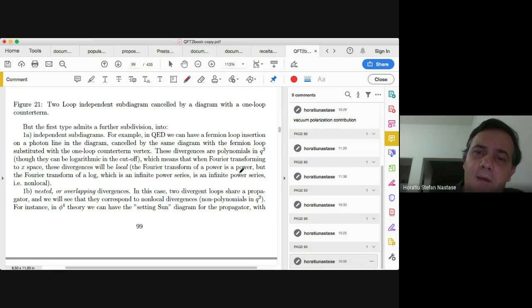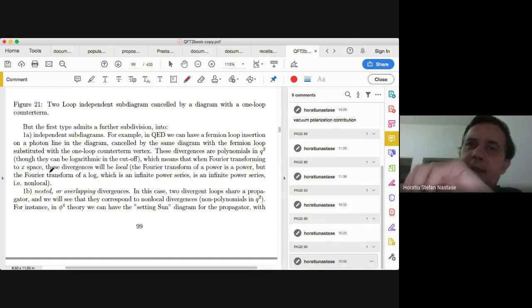So an infinite power series is by definition non-local. I told you that, for instance, a non-local example is the exponent of p squared, right? The exponent of p squared in X space would be the exponent of del squared, and the exponent of del squared acting on a function means really the Taylor expansion of that function depending on x plus an extra thing.